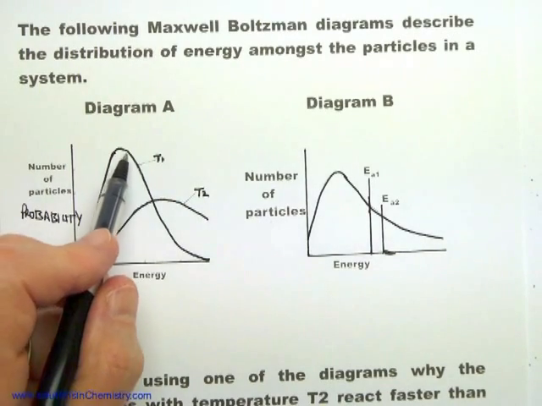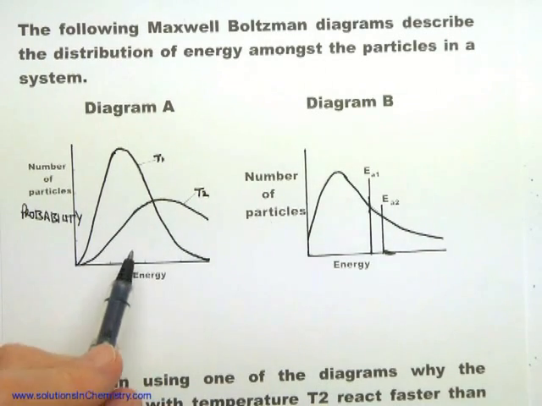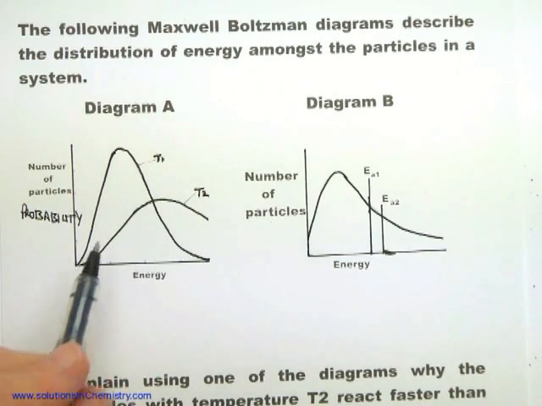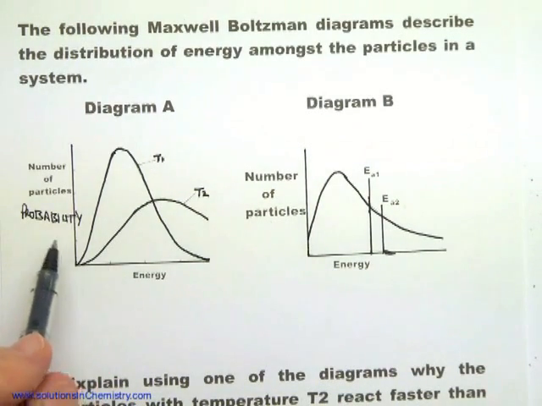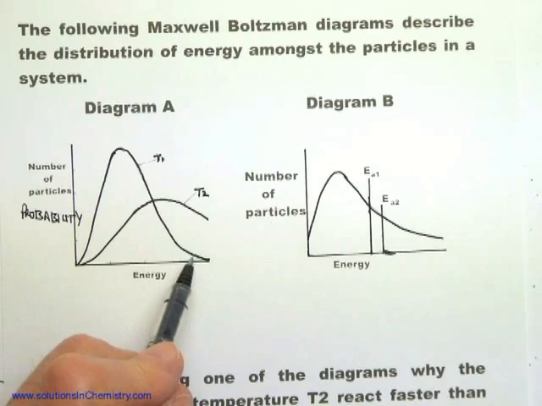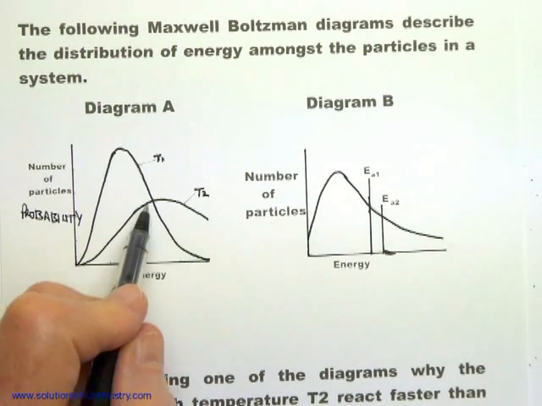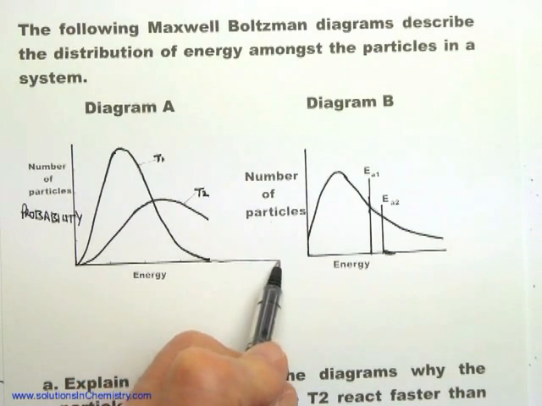What we have here is 2 different curves at 2 different temperatures. The reaction is the same, the number of particles is the same in both cases. The reason why it's referred to as probability is because the area under this curve is equal to the area under that curve if you extend it to over here, for example.